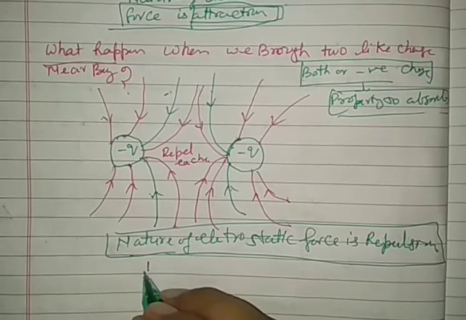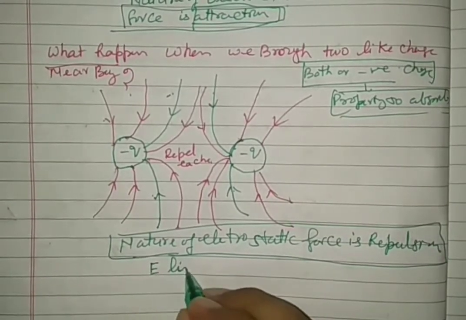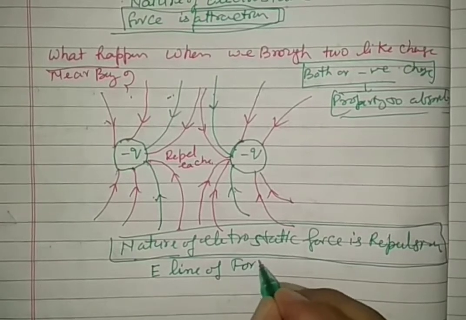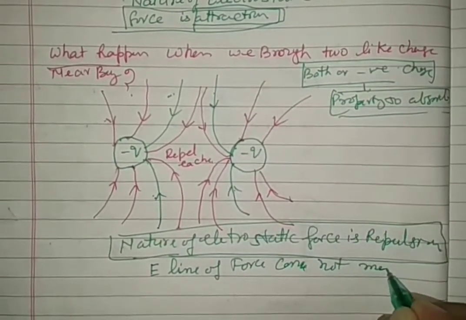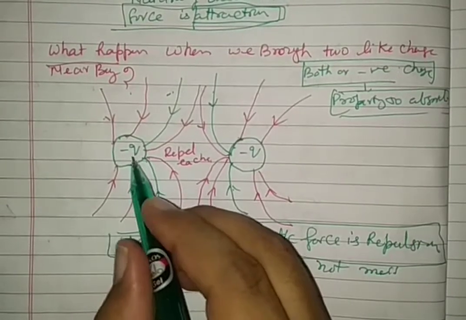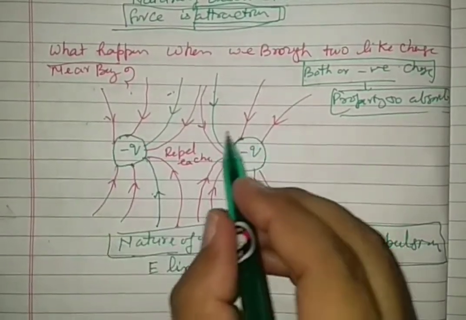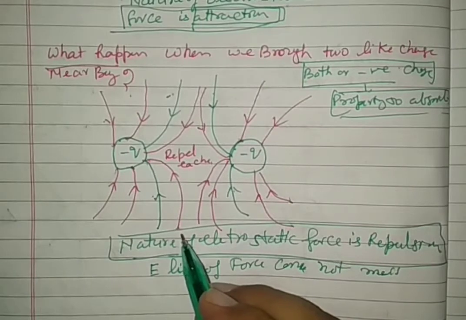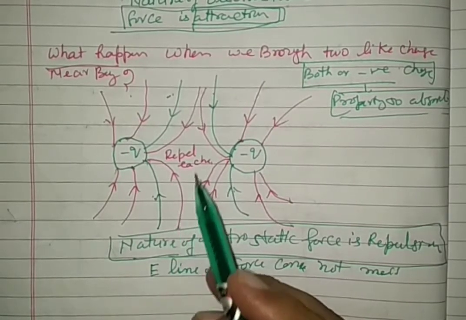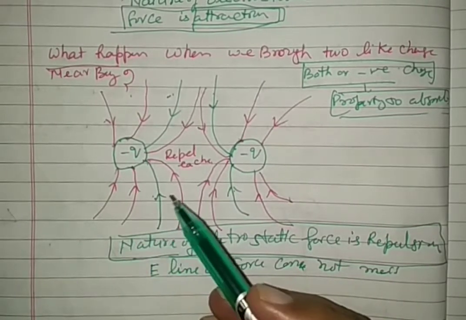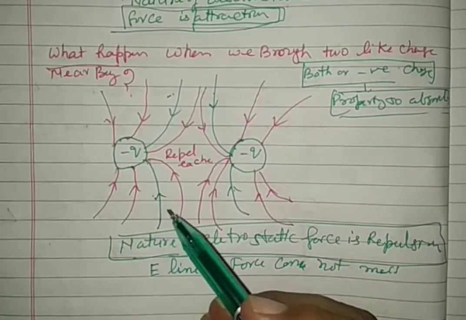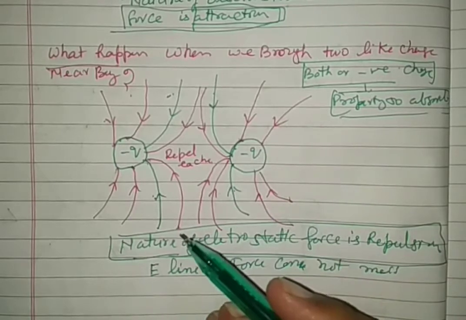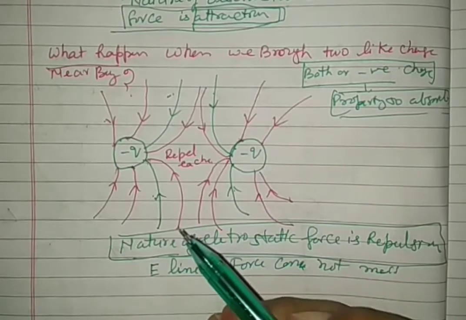We can say electric lines of force cannot meet. See here in this case, it behaves like the like poles of a magnet. A similar thing happens when two north poles are brought together nearby, or its opposite pole is brought near.